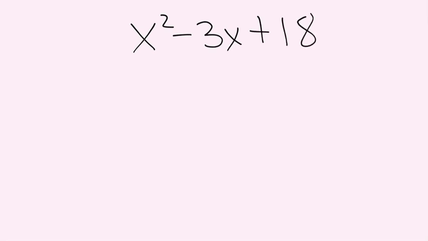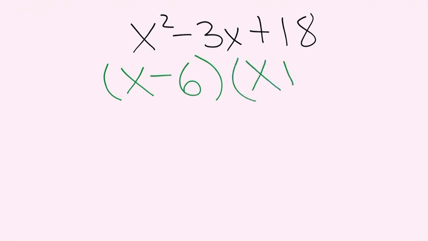For the next problem, we're going to be doing x squared minus 3x plus 18. And two numbers that multiply to 18 and add up to negative 3 would be x minus 6 and x plus 3.